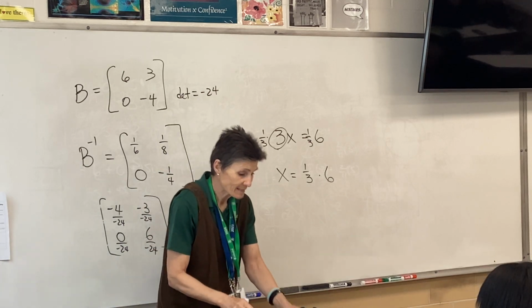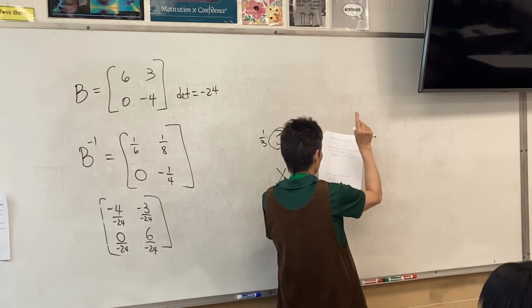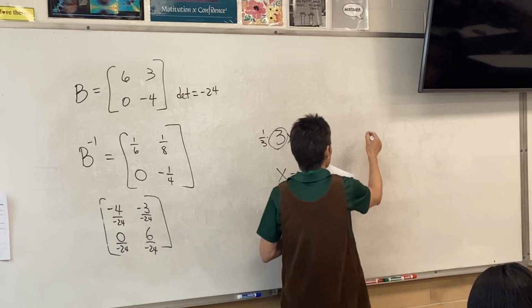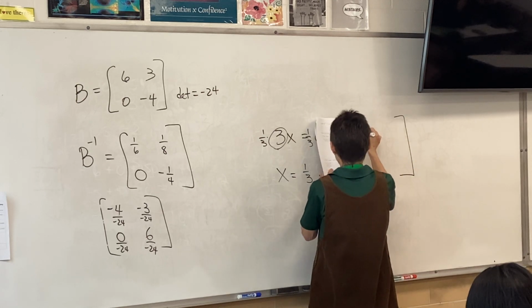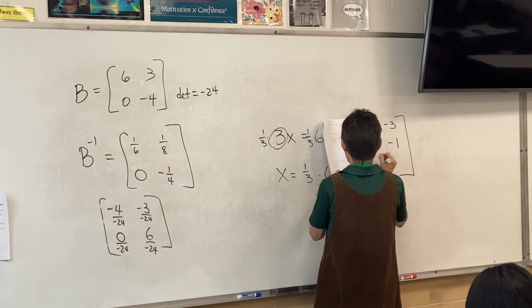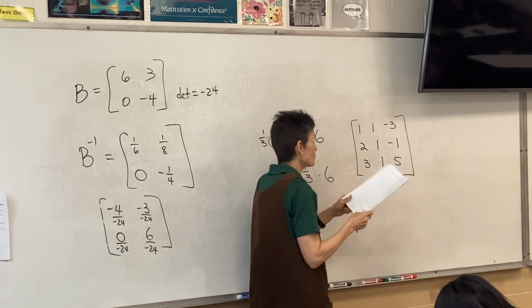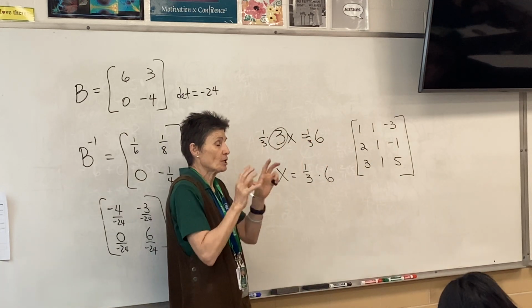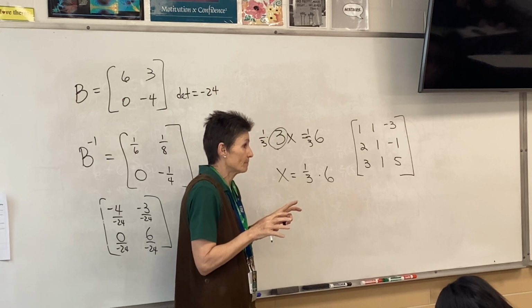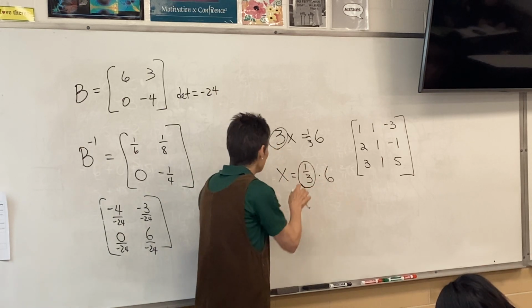So what I want you to see is this big system of equations in number 2a. The coefficients are 1, 1, negative 3, 2, 1, negative 1, 3, 1, and 5. Those are the coefficients, but they're functioning as one big coefficient. It's like the 3.